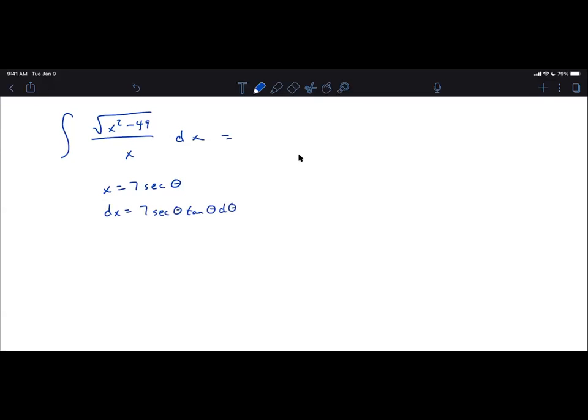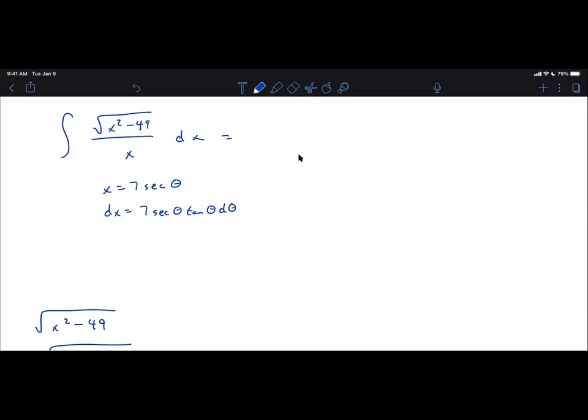And so then, okay, I'm going to do the square root on the side. So you get the square root of x squared minus 49. Well, that's the square root of 7 secant theta squared minus 49. That's 49 secant squared theta minus 49.